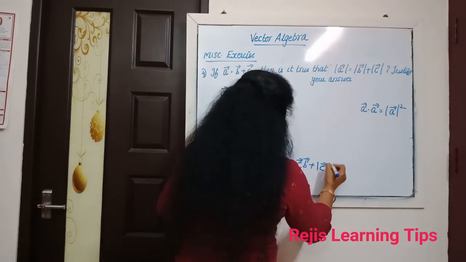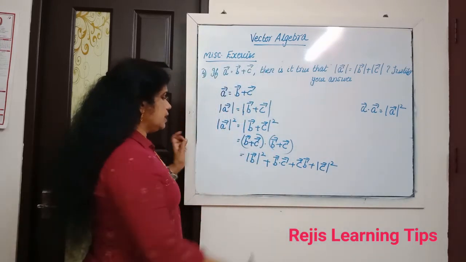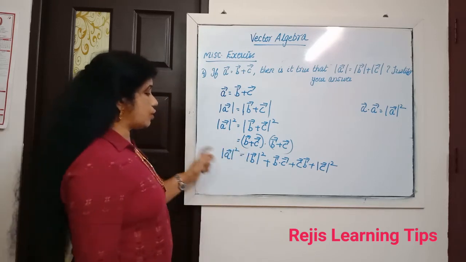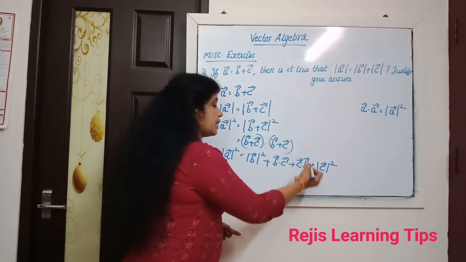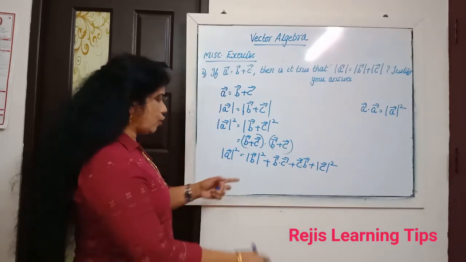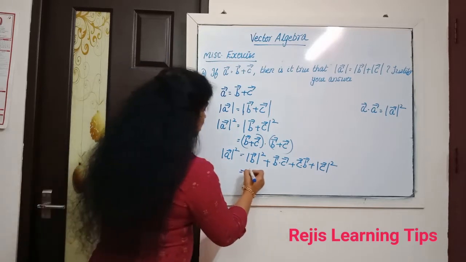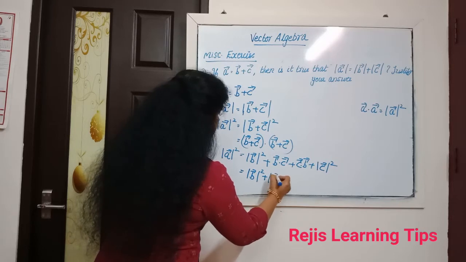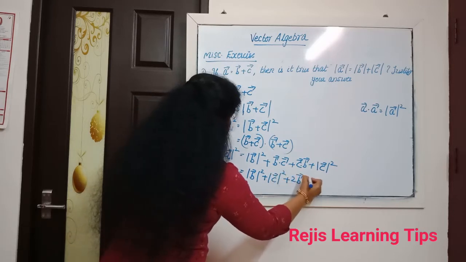Then magnitude of vector A square is equal to magnitude of vector B square plus B dot C plus C dot B plus magnitude of vector C square. You know that B dot C is equal to C dot B. So you can write magnitude of vector B square plus magnitude of vector C square plus 2 B dot C.